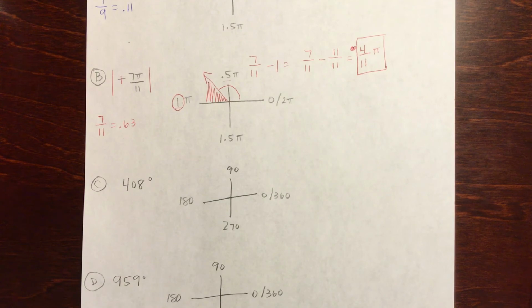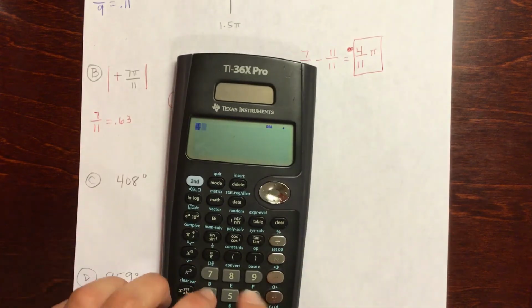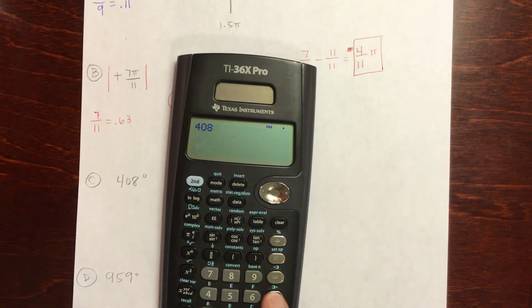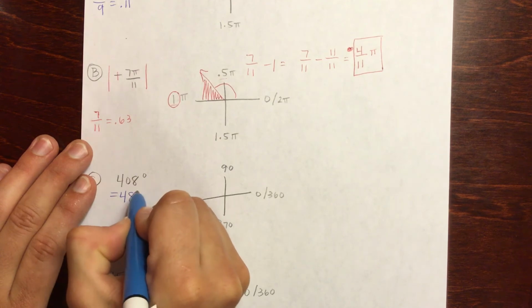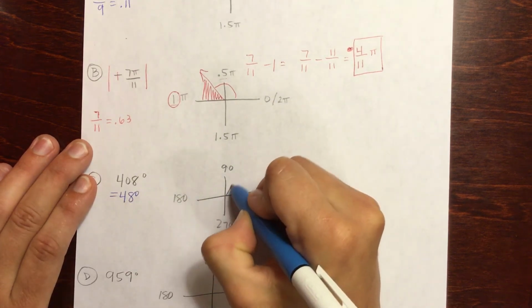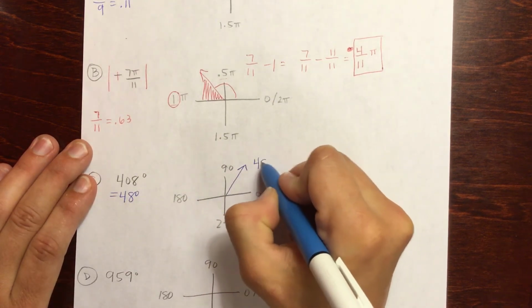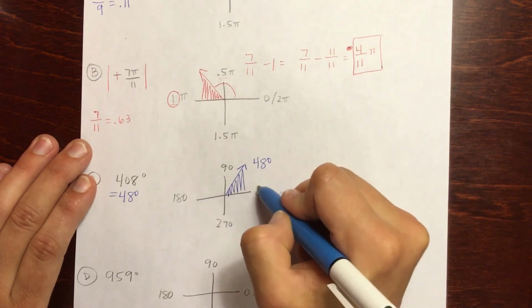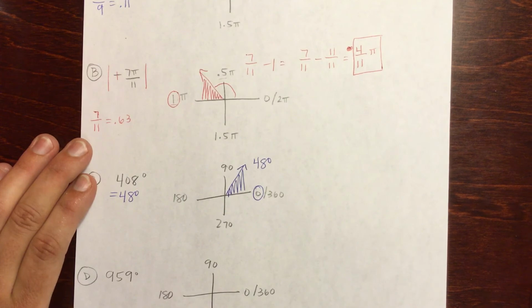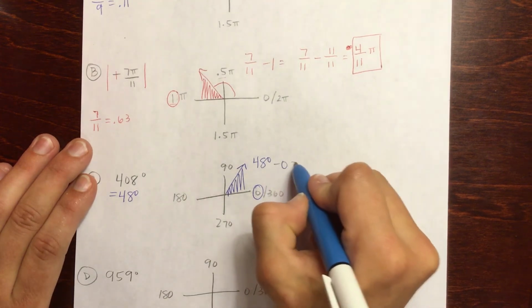Remember, coterminal angles, you can find them by subtracting 360 or subtracting 2 pi. So that is all we're going to do, add or subtract depending on if they gave you a positive or a negative. So I'm going to subtract 360. You may have to subtract multiple times, but this is 48 degrees. A coterminal angle is 48 degrees, which is between 0 and 90. The reference angle is between your arrow and your x-axis. So how much is between 48 and 0?